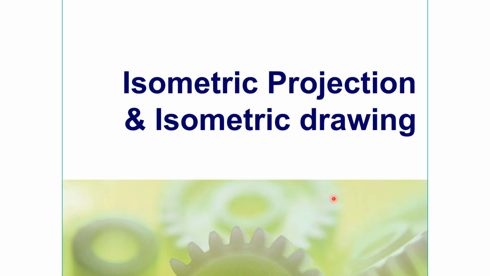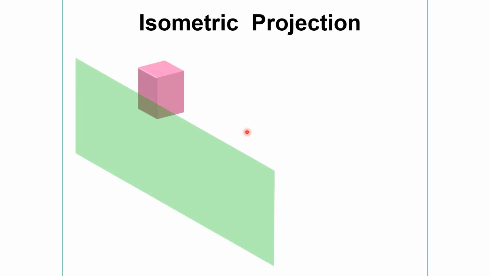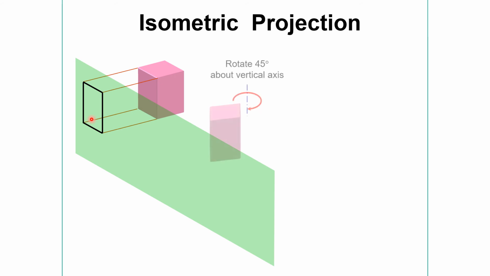Isometric projection and isometric drawing. Now I will discuss in detail how you can draw an isometric projection. Here is a 3D object, drawn with parallel lines. Now rotate this object by 45 degrees.